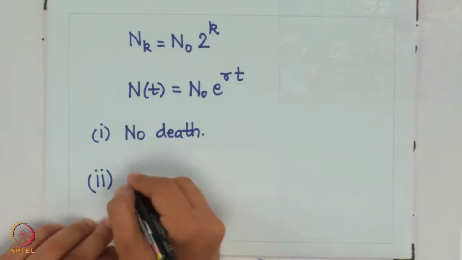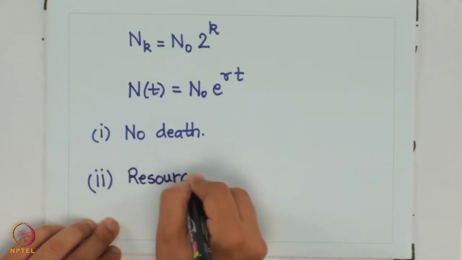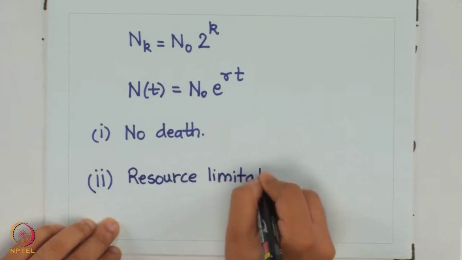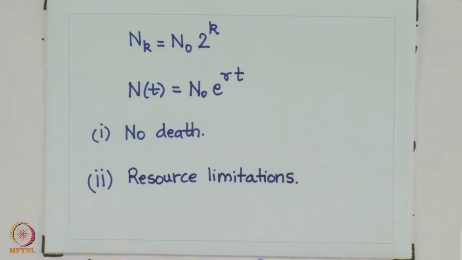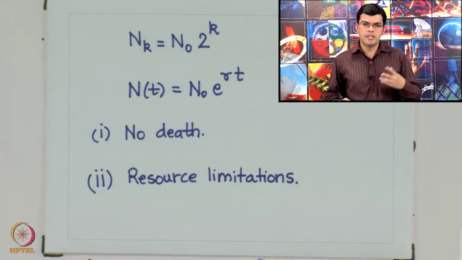So there is no concept of resource limitation in either of these two models, and both of them allow for unconstrained growth for as long as the bacteria are allowed to grow, which clearly is not in line with the reality of these processes as we understand them.